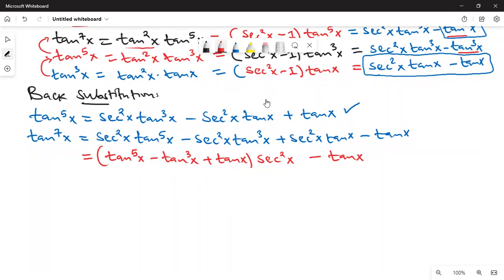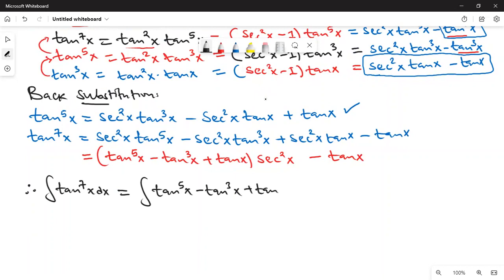So therefore, the integral of tan raised to 7 of x dx is the same as the integral of tan raised to 5 of x minus tan cubed x plus tan x, the whole of this in bracket times sec squared x dx, minus the integral of tan x dx.